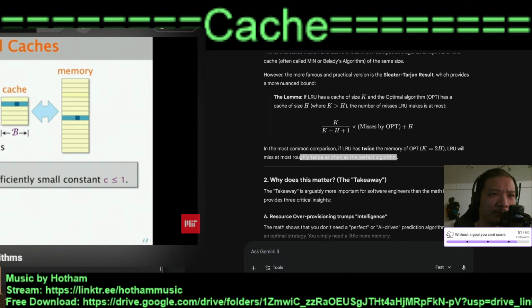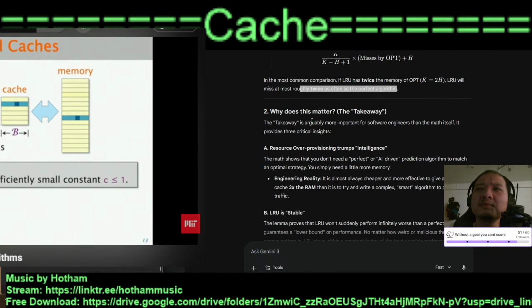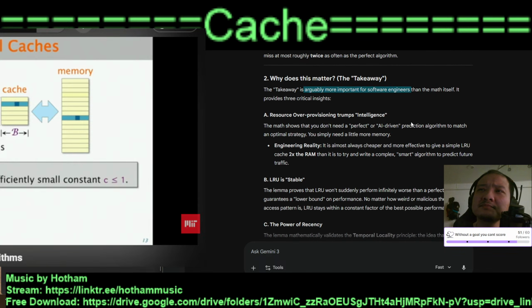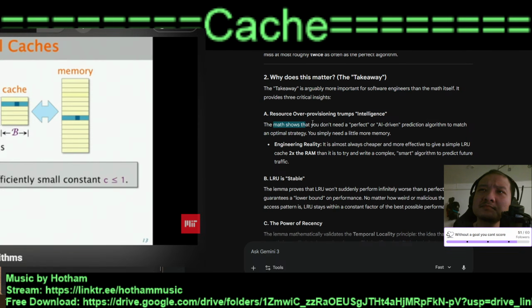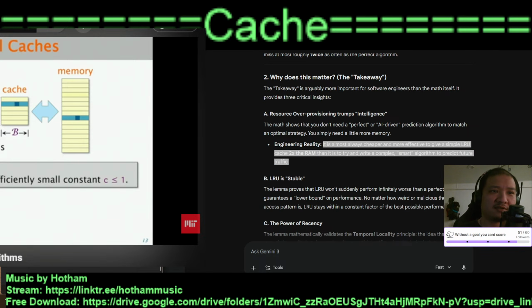So basically the algorithm is good and the cache performance only probably misses twice as much as the optimal algorithm. Why does it matter? Okay. Basically give 2x the memory to the algorithm.